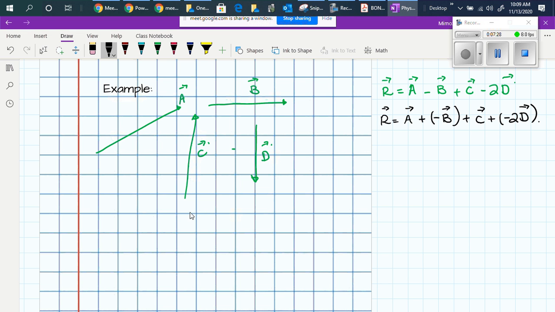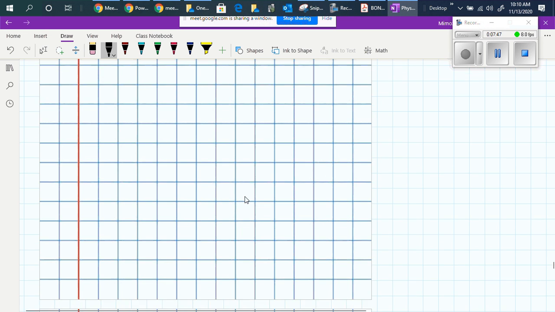Okay, so we'll pick a space or starting point where we will be able to draw all the vectors that we are dealing with, and then we will plot A, opposite B, C, and opposite 2D. I will pick this as the starting point.